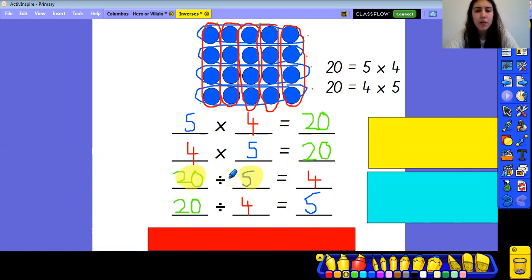And do you think it would be possible if I had 5 things for me to split these up into 20 groups? No, because I don't have enough here to make 20 groups. So it's not commutative. But what you might notice is that the number of groups and the number of objects inside each group can move around that equal sign.